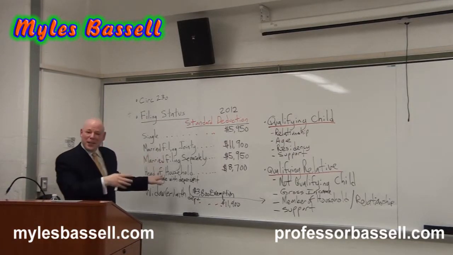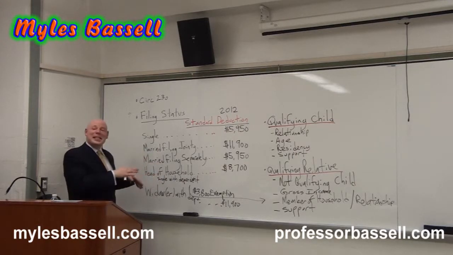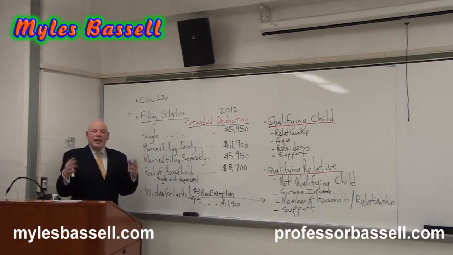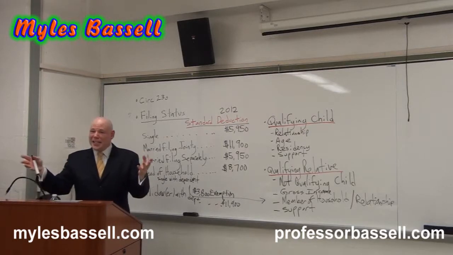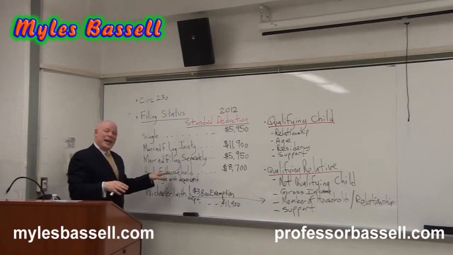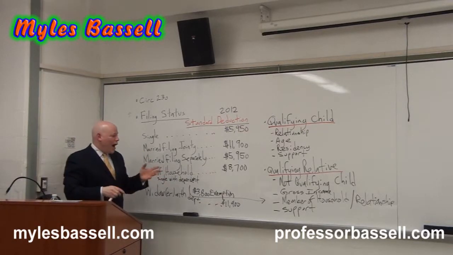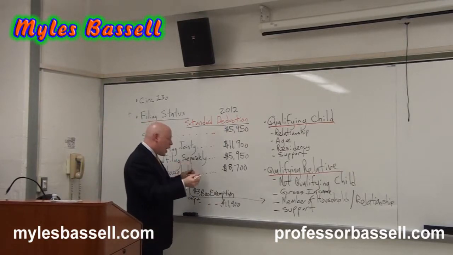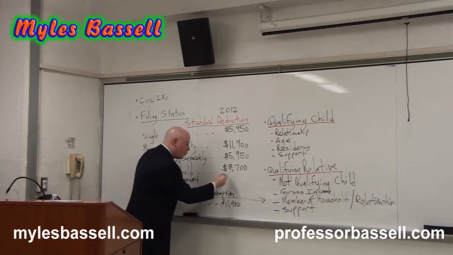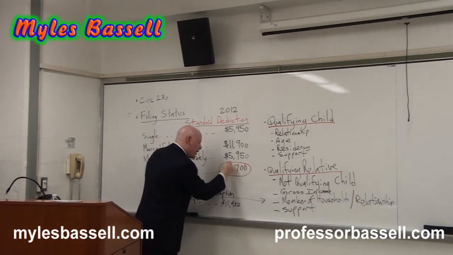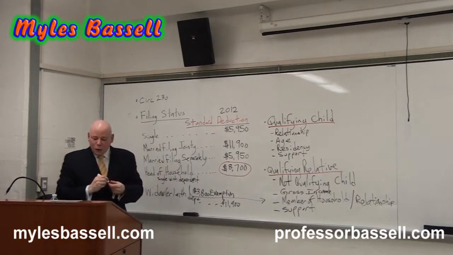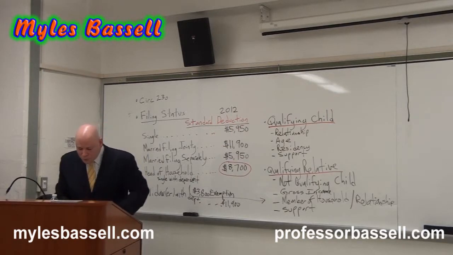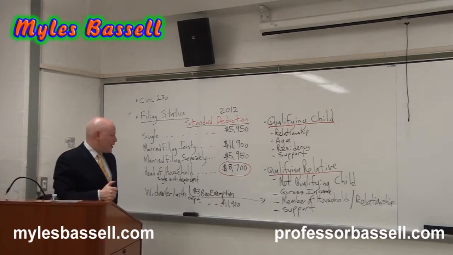Now, this is something that really fascinates people, this idea of head of household. Even people who don't know anything about taxes know head of household, right? Why? Because they know that the standard deduction is much higher for head of household than it is for single. So in order to be considered head of household, there's some criteria.